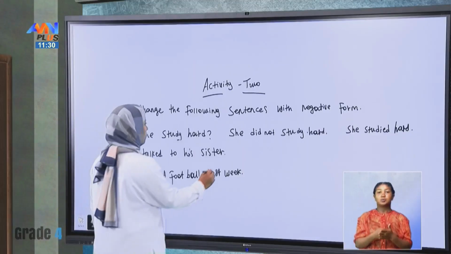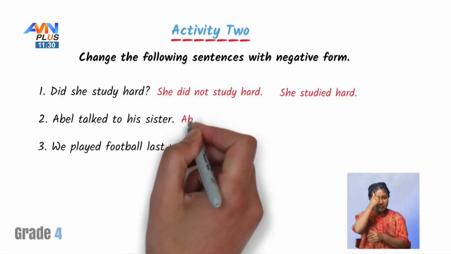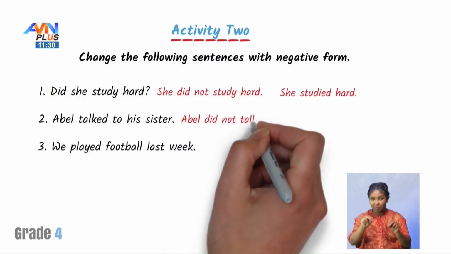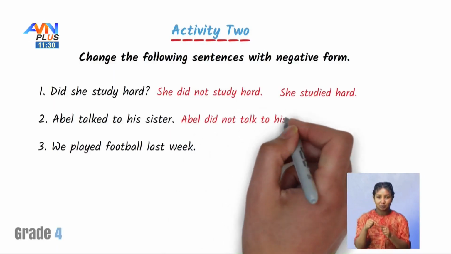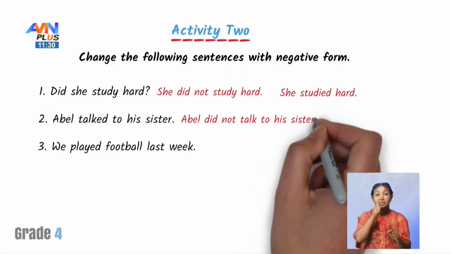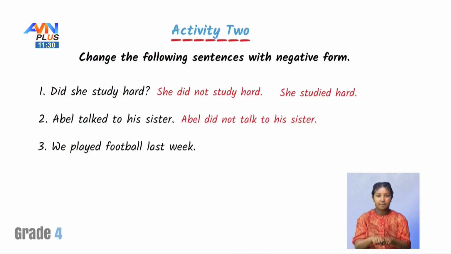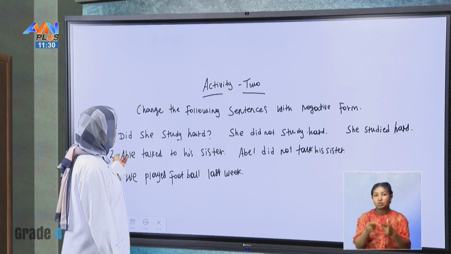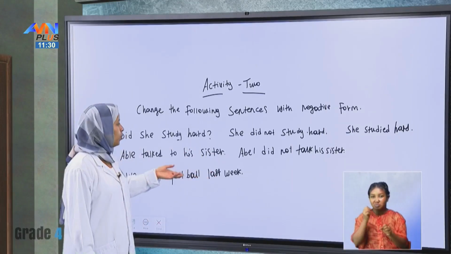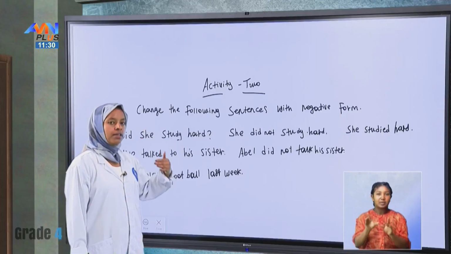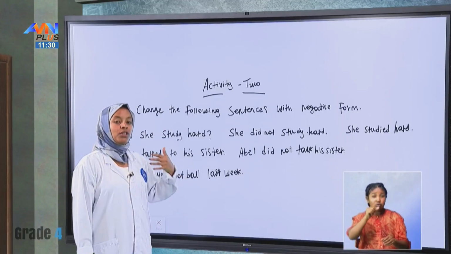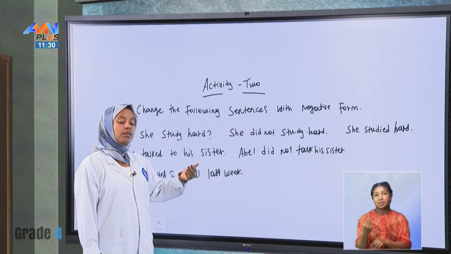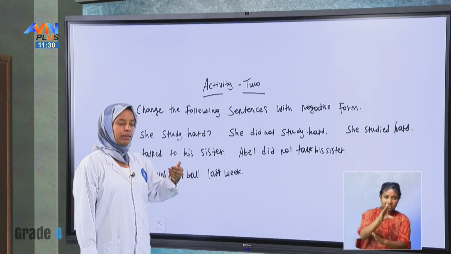So, easily, Abel did not talk to his sister. Students, let us make even this question number 2, this sentence, as a question. For example, we can say, did Abel talk to his sister? We can do this by using did at the beginning of the sentence.